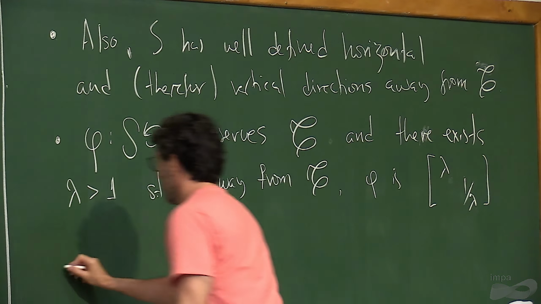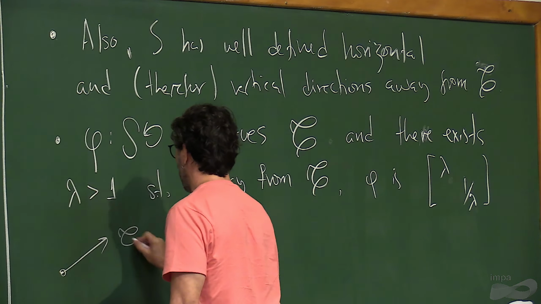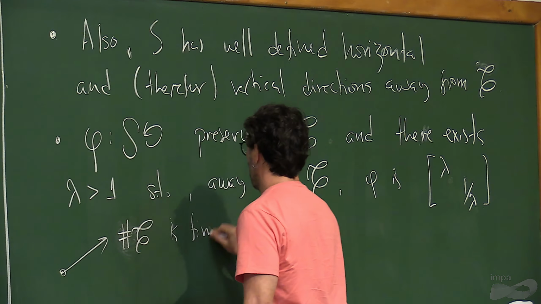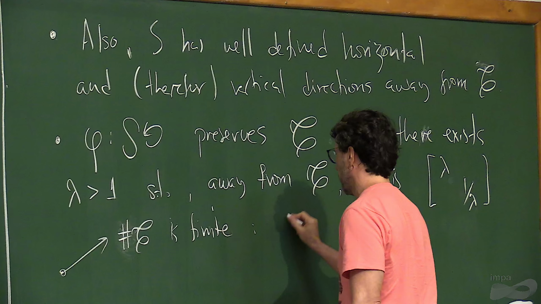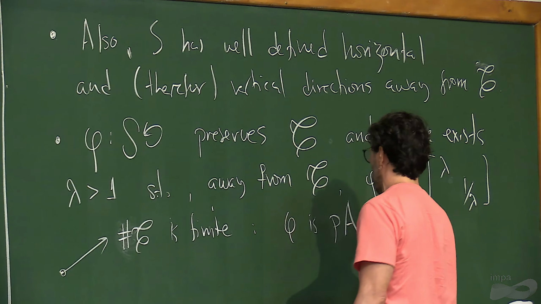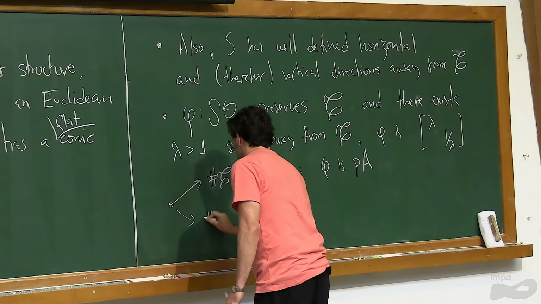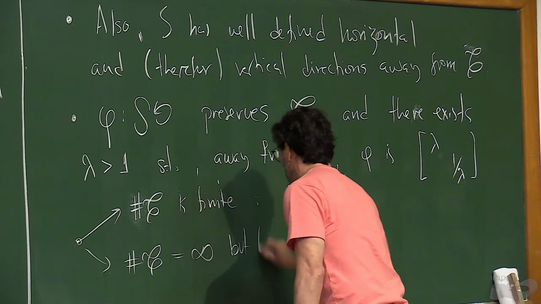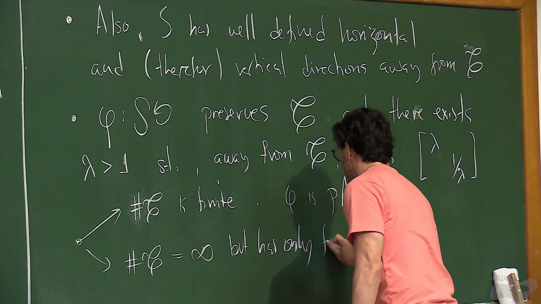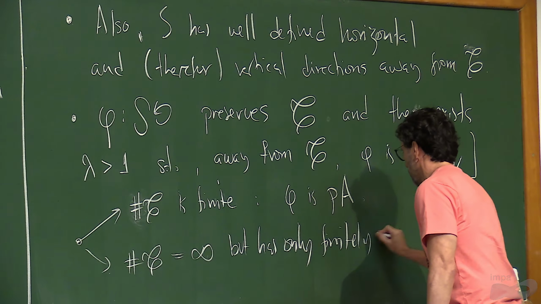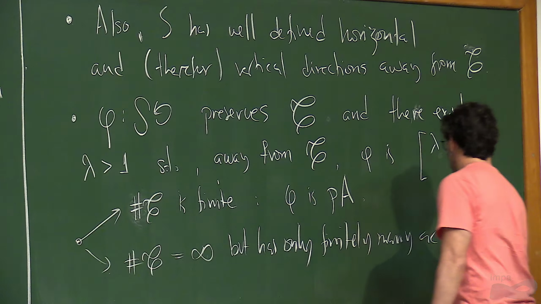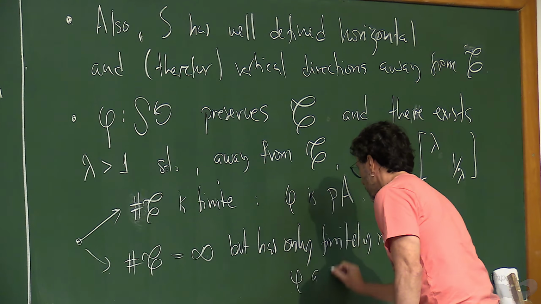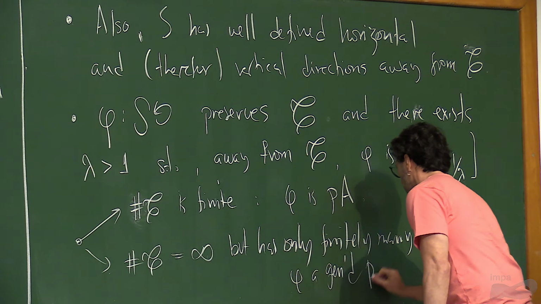Okay, so if C is finite, if the cardinality of C is finite, that's what we call a pseudo-Anosov map. Phi is regular, the pseudo-Anosov maps. But if C is infinite, but has only finitely many accumulations, we call phi a generalized pseudo-Anosov map.